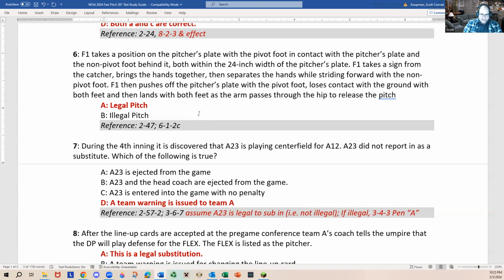This is just a description of a legal pitch with both feet leaving the ground, and we now know that that is legal in high school softball. You can have a leap, is what it is technically called, but the player doesn't have to keep one foot in contact with the ground. That is a legal pitch. Reference these rules.